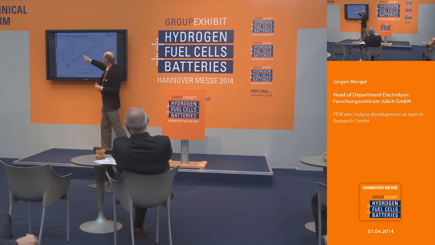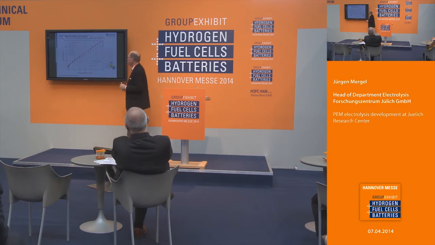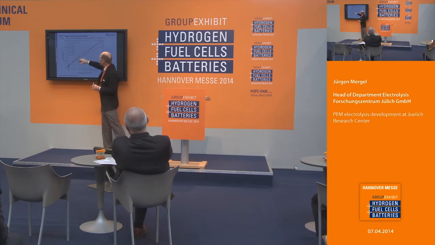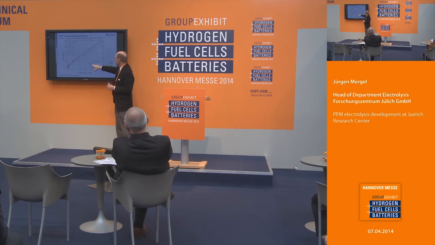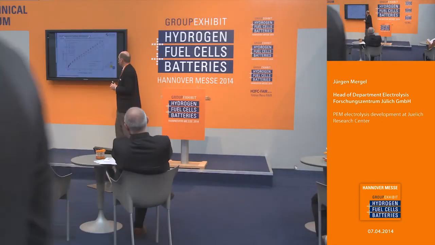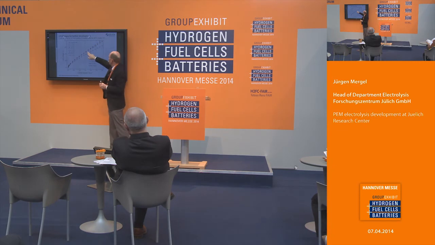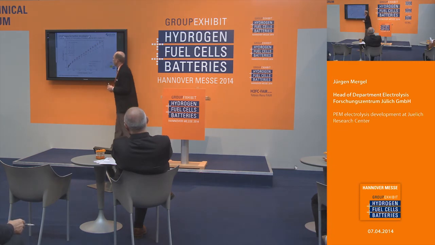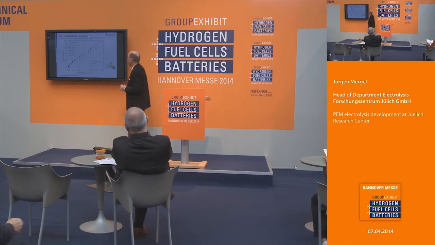So we are normally working with anode loading of approximately 2 milligrams per square centimeter, and we have reduced the catalyst loading with a commercial catalyst down to 0.4 and 0.2, and we have done this also with a so-called core-shell catalyst, and you can see we get quite the same performance as with a catalyst loading which is higher by a factor of 5 or 3 than we have here in this catalyst-coated membrane.